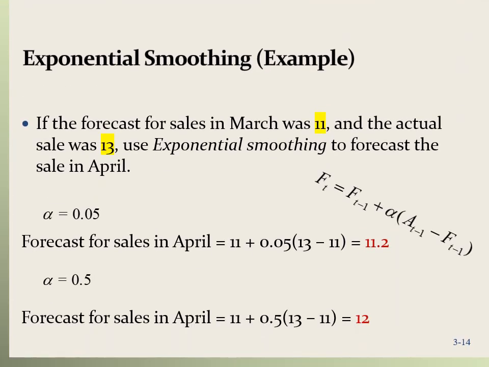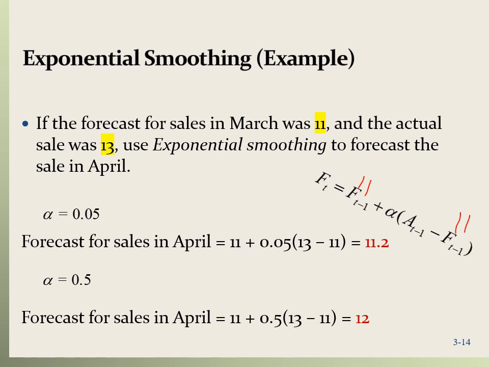Let's see an example for exponential smoothing. Suppose your forecast for sales in March was 11. So you want to make a forecast for period T. The forecast for period T minus 1 was 11. So this means that this is 11 in this formula, and this is also 11, right?